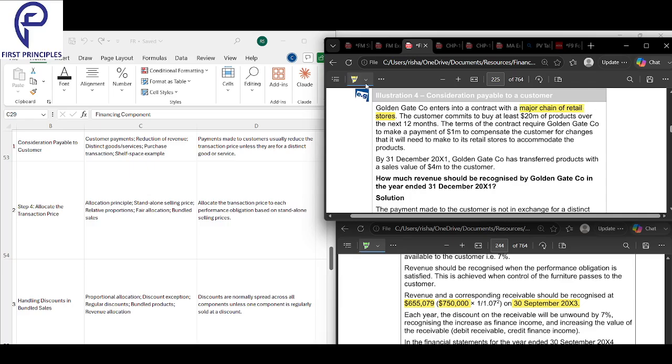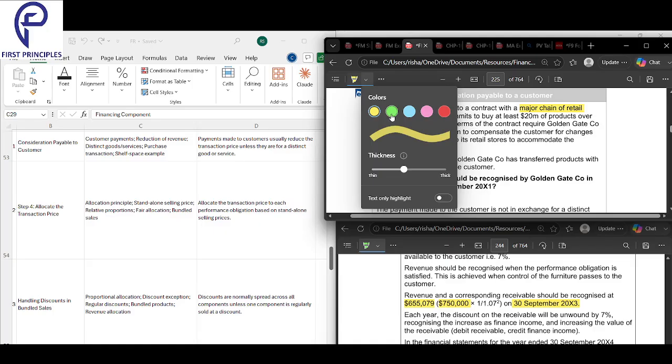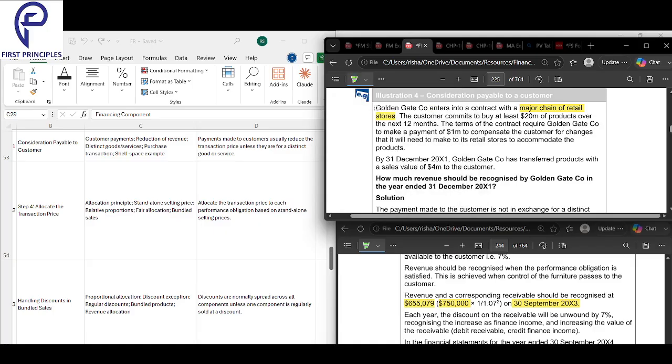Okay, so there are two parties here. First party is Golden Gate Co. Golden Gate Co enters into a contract with a major chain of retail stores.